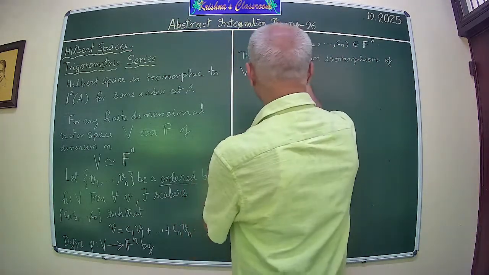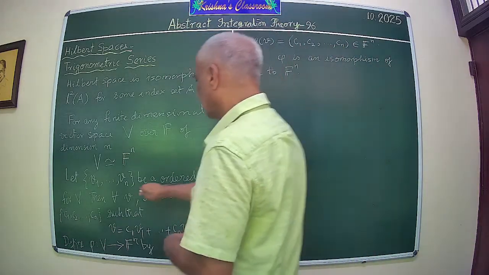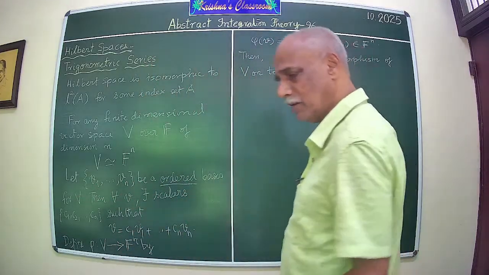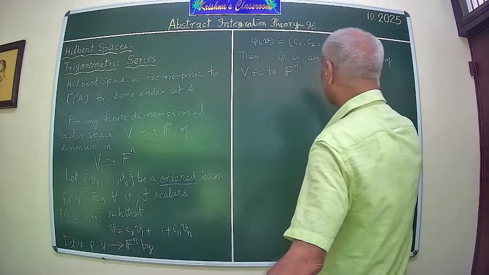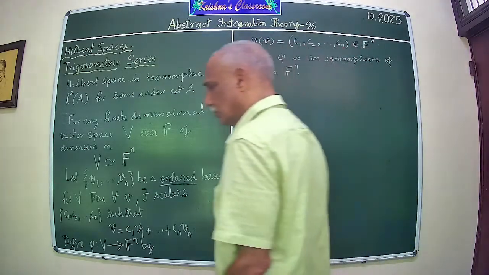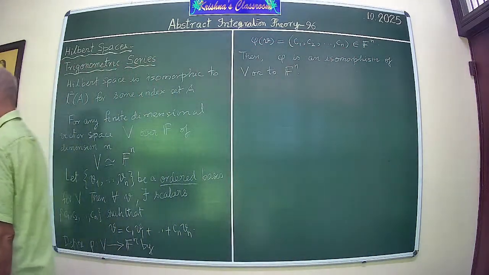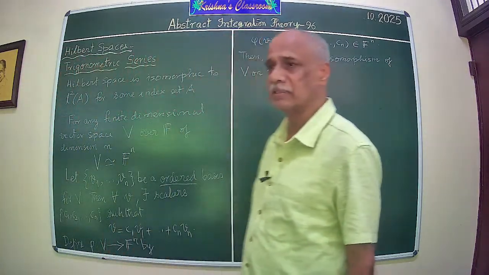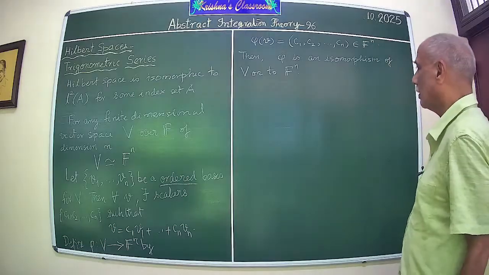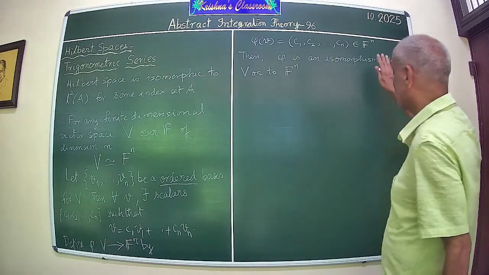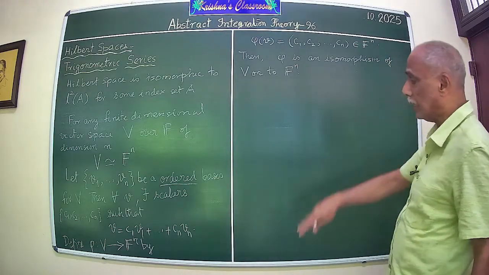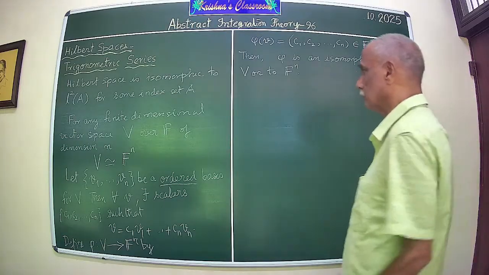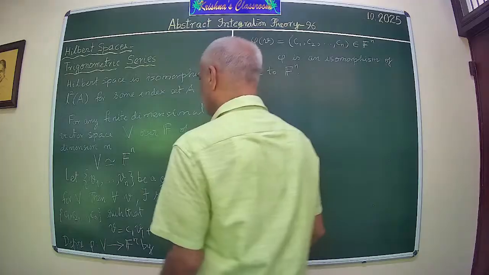This is a special isomorphism associated with the ordered basis that we have chosen. If you choose a different ordered basis, you will get another isomorphism. So there are several isomorphisms possible from V to F^n. But what is important is that there exists an isomorphism, and F^n gives a replica of the vector space V in concrete terms. Okay, that's about that.